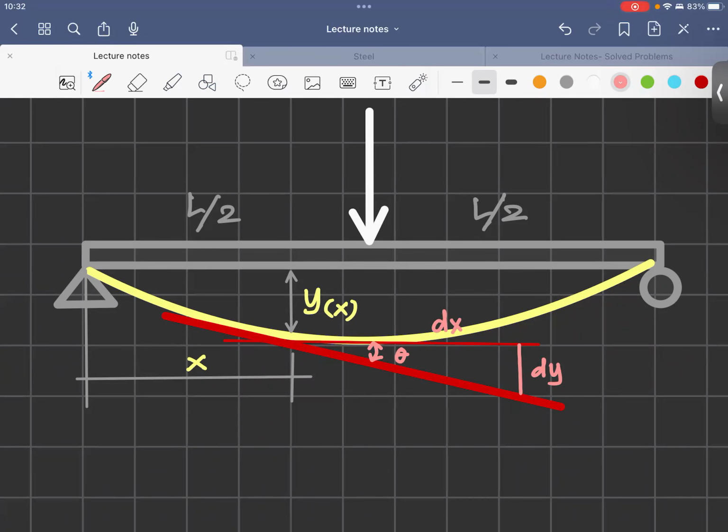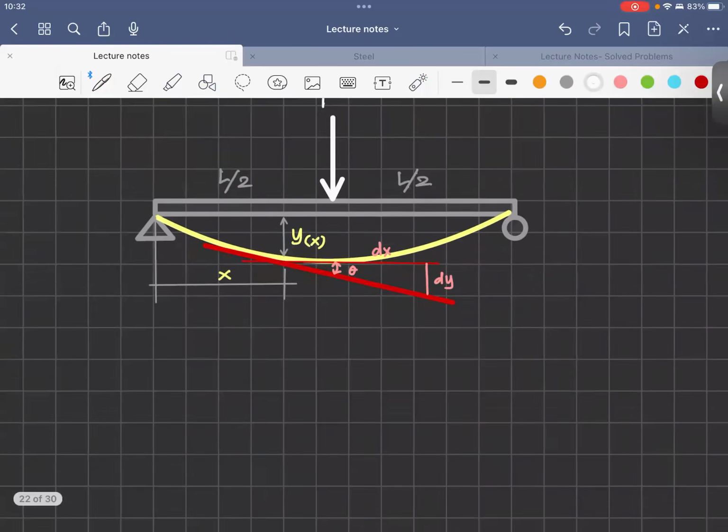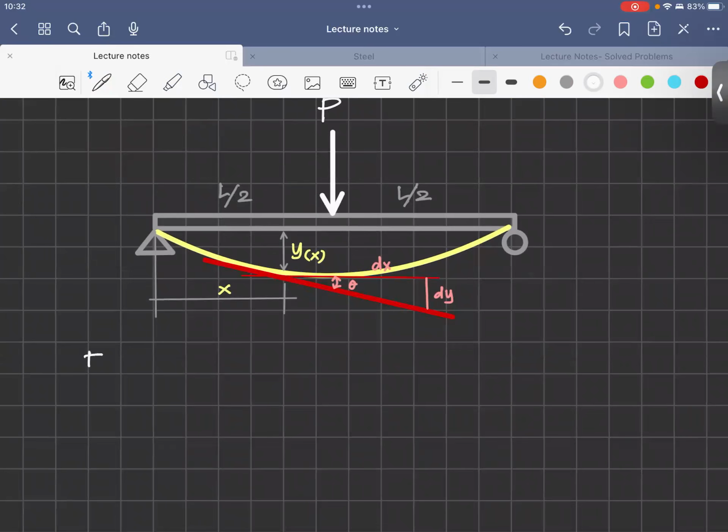Then using the tangent function, we can write here tangent theta is equal to dy over dx.